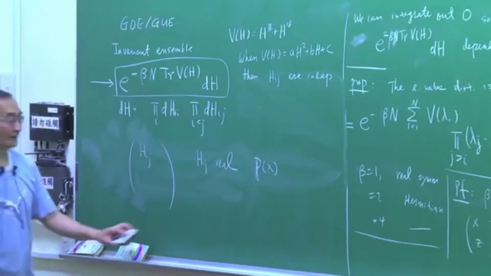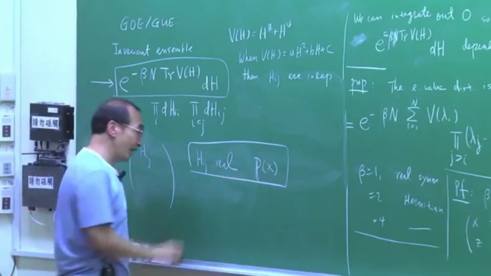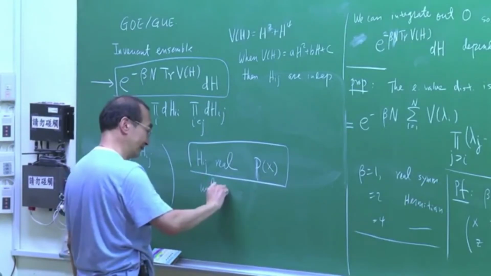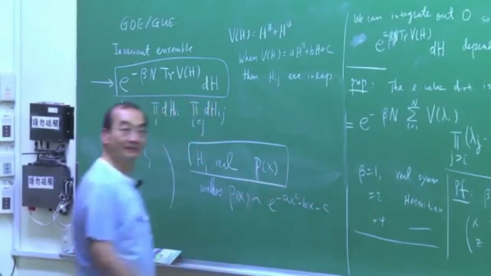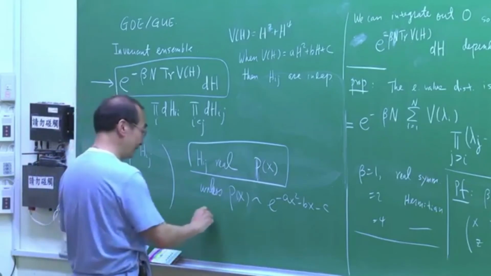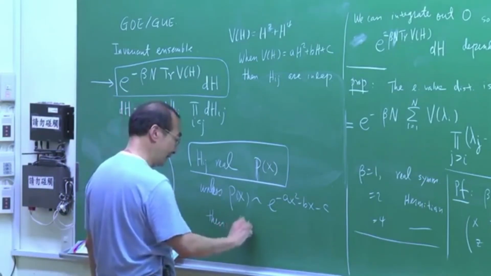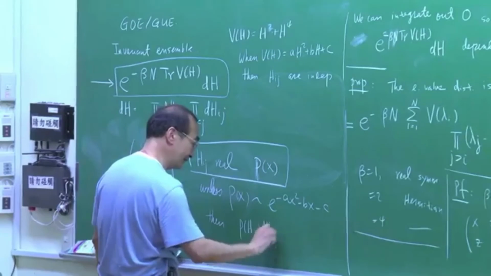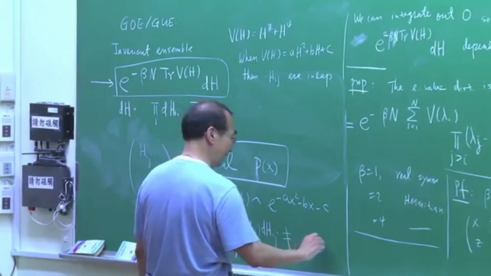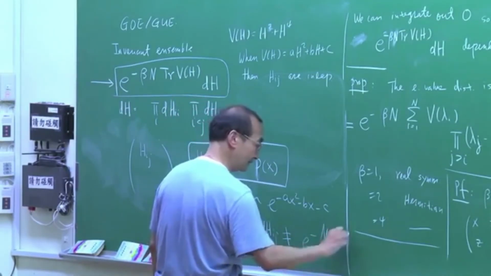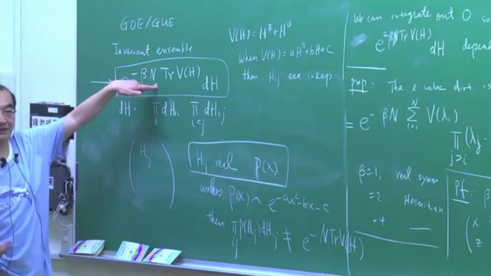On the other hand, if you write Hij as a real random variable with probability distribution P of x, then unless P of x goes like e to the minus ax squared minus bx minus c, this measure, the product of P of Hij dHij over ij, is not going to be written as e to the minus n trace V of H. This is just a special class of matrix distribution.